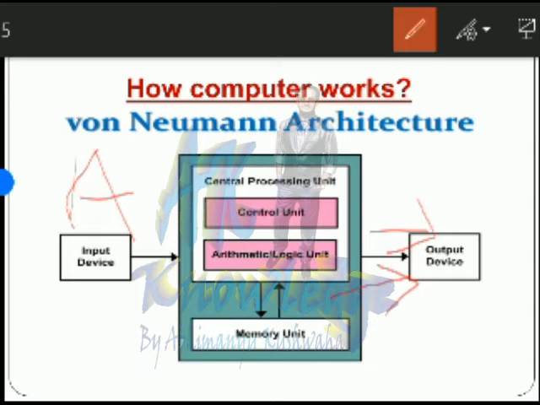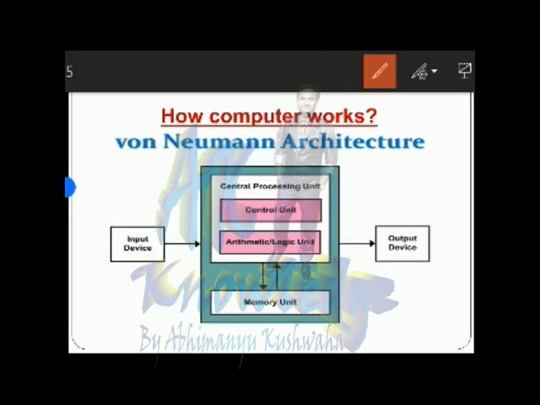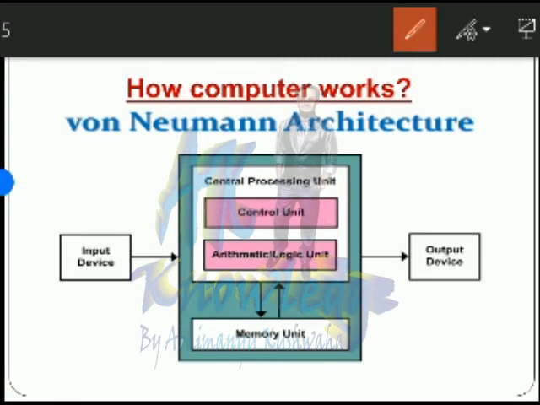The arithmetic and logical unit calculates the signal or data, it is processed, and then it is passed to the output device, and then we can see whatever we typed. What we typed? A. So we can see A. I think it is clear to everyone. So this is called Von-Neumann architecture, or how a computer works, or the basic organization of a computer. This is the process of how the computer works.